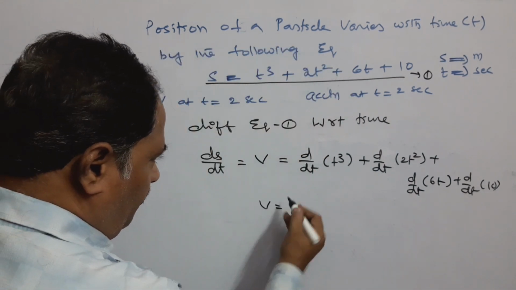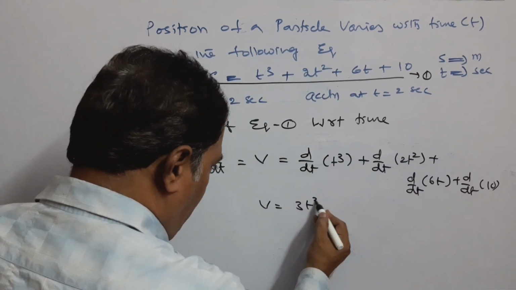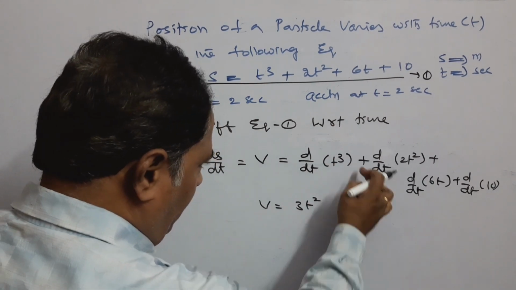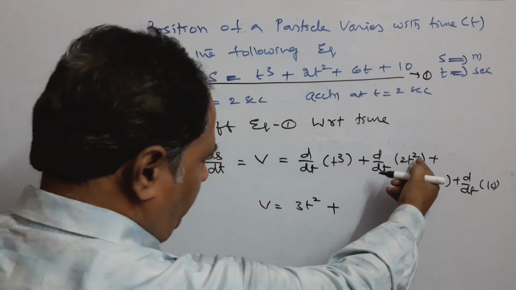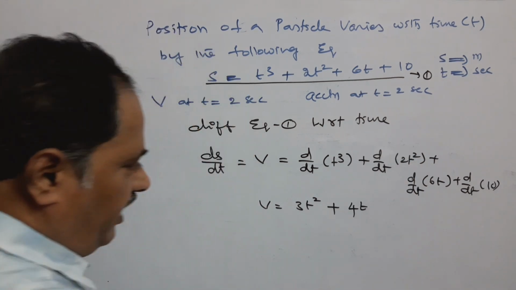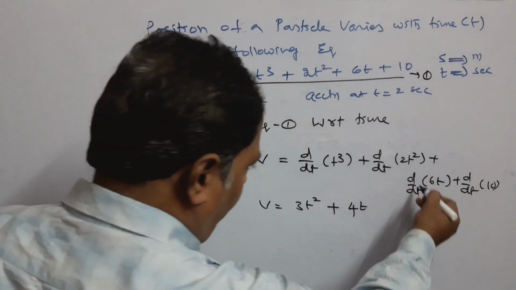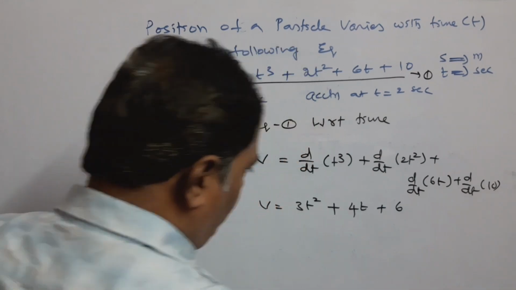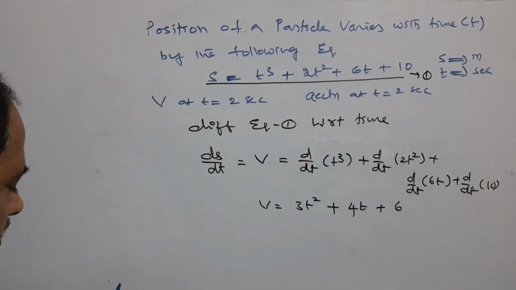Here directly you can write 3t square. Even if you want to write dt by dt, that value is 1. Plus, t square gives 2t, with the 2 it becomes 4t. D by dt of 6t becomes 6. An isolated constant is equal to 0.